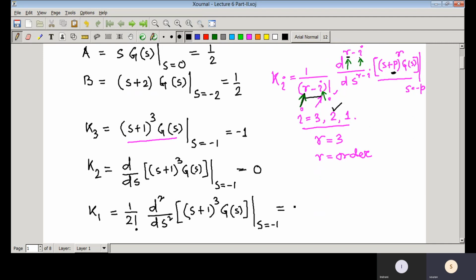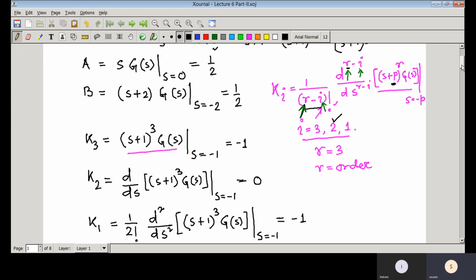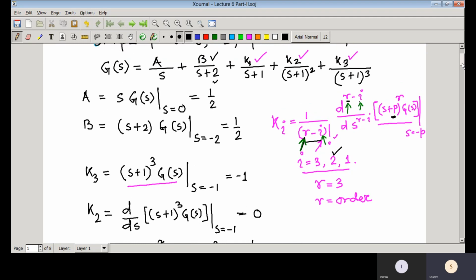So if you do that one, then you will get that value -1. So these are actually the coefficients that we have found applying that Heaviside formula.